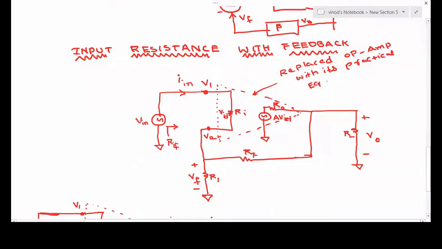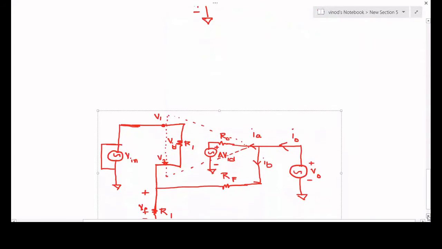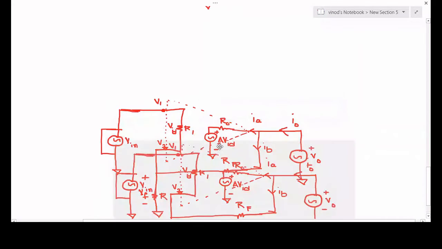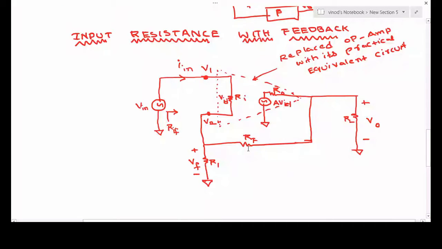This is what we will use for finding the input resistance. So note down the diagram. It is the same network, but in place of the op amp we have replaced it with its practical equivalent circuit.